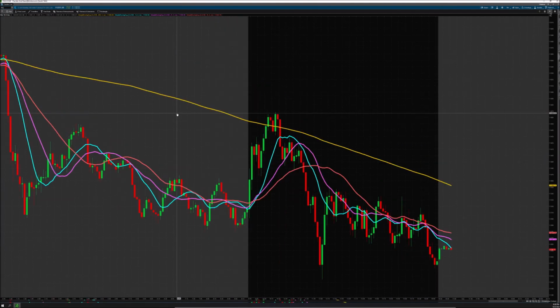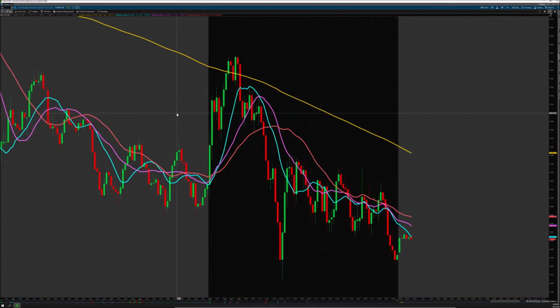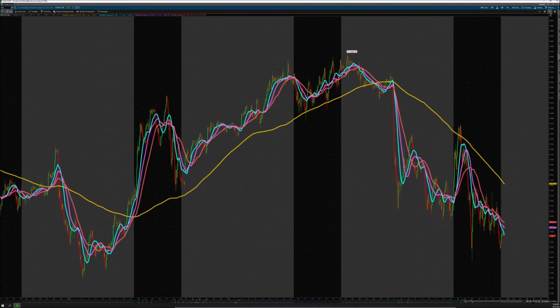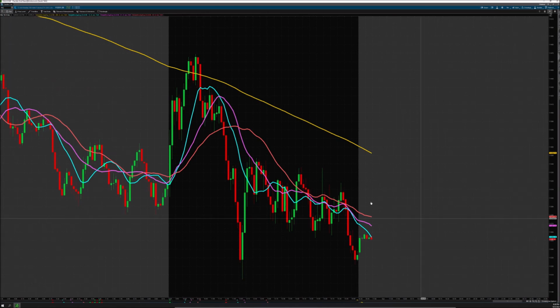All right, so now we have the 34. I think 34 is this one here. Yeah. So now we're at a little bit more advanced. We got several SMA lines on the chart, and we are crossing over several SMAs.